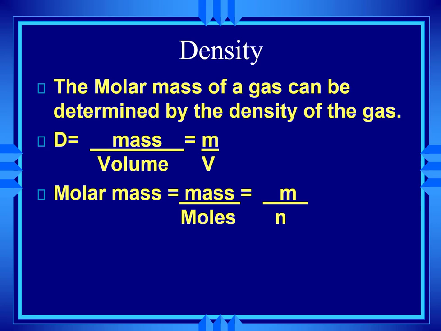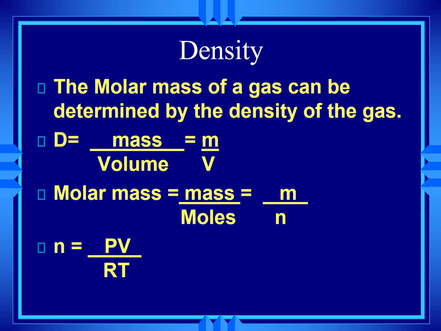Okay? And I'm going to put those 2 equations together with n equals PV over RT. So all we're going to do is some substitution, so I get an equation that has density on one side and molar mass on the other. I should be able to just rearrange these. You can solve them each separately, one at a time, but you can actually put all these equations together.